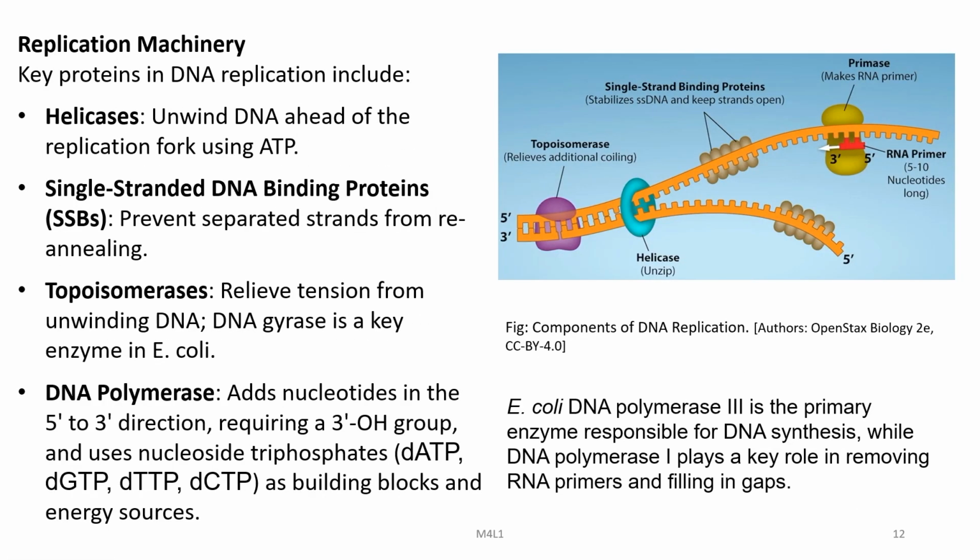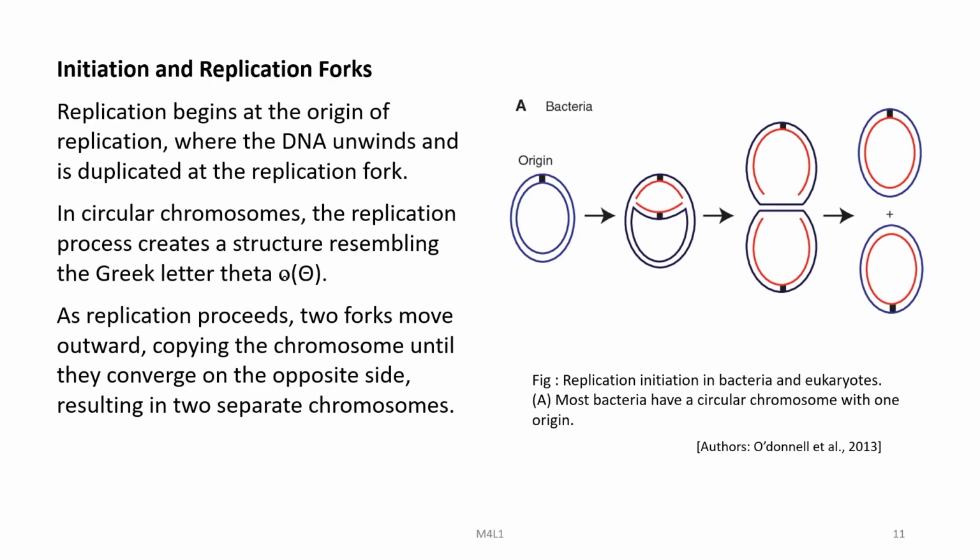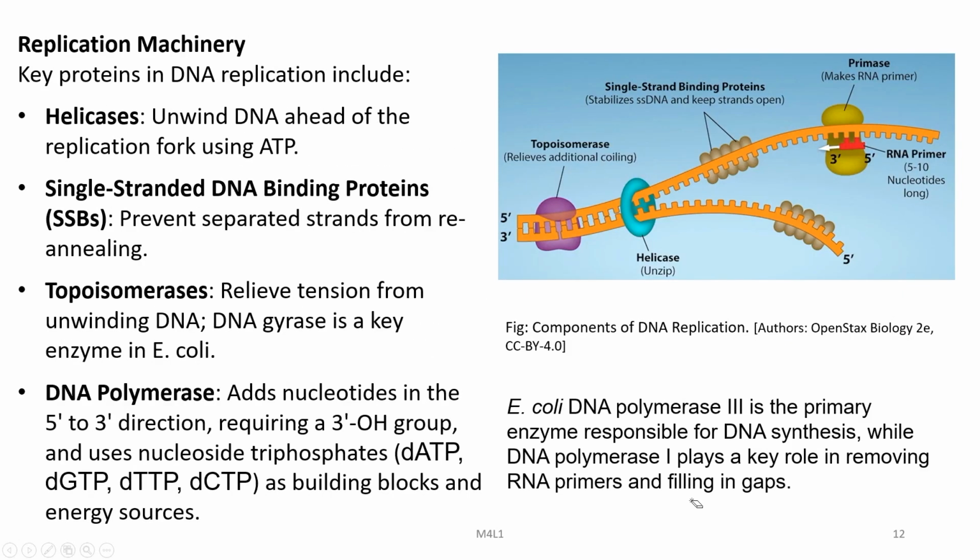What are the components of the replication machinery which help in converting a single chromosome or DNA molecule into two DNA molecules or two chromosomes? Some of the key components are proteins like helicases.